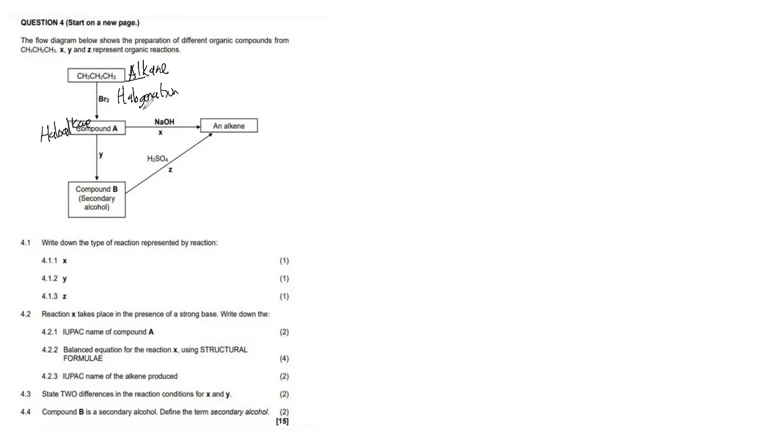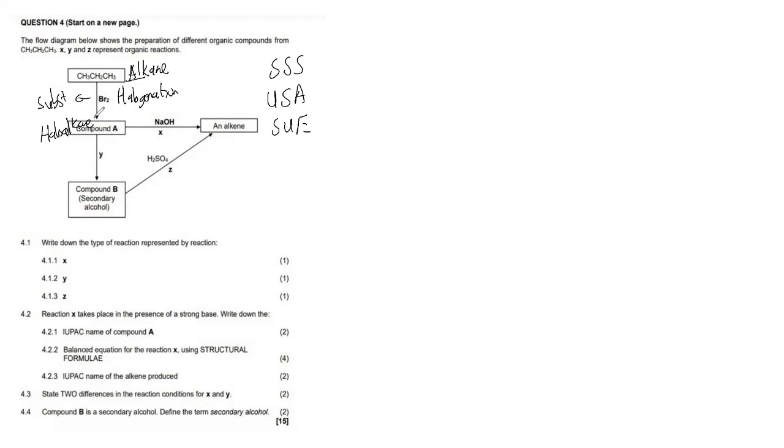Now, if we are to use this SSS, USA, and SUE, this is moving from an alkane, a saturated compound, to a haloalkane, which is also a saturated compound. So this is telling you that we have a substitution reaction.